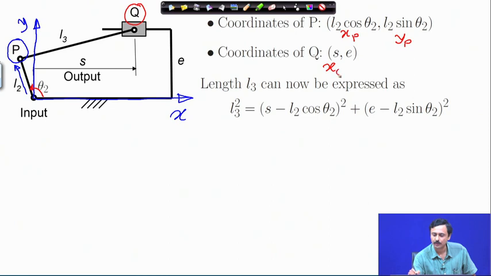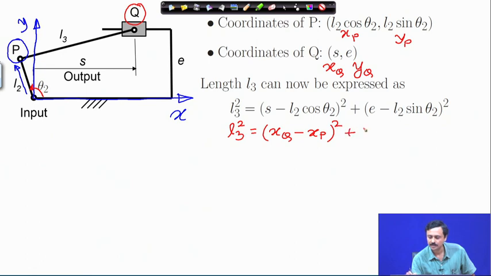So, this is x of Q, and E is the y coordinate of point Q. Therefore, the length L3, which is this coupling link, can be expressed as L3 square is equal to, here I have written like this, x q minus x p whole square plus y q minus y p whole square. So, that is the length of link 3.